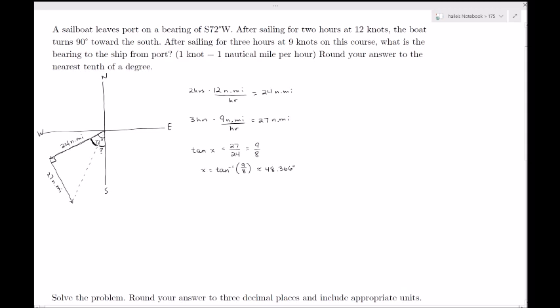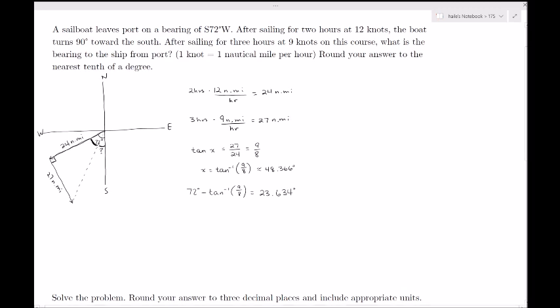To get that angle, we can take our total of 72 degrees and subtract off that tangent inverse of 9 over 8. If we were to plug that into a calculator, that would be approximately 23.634 degrees.